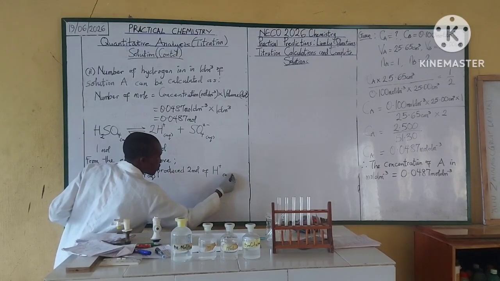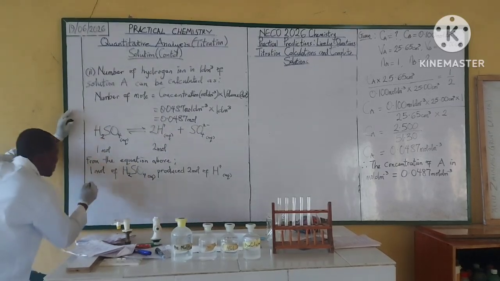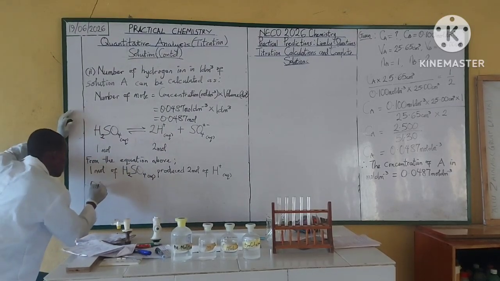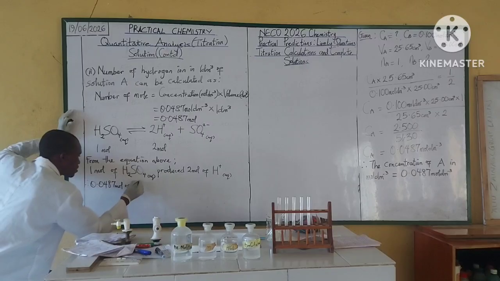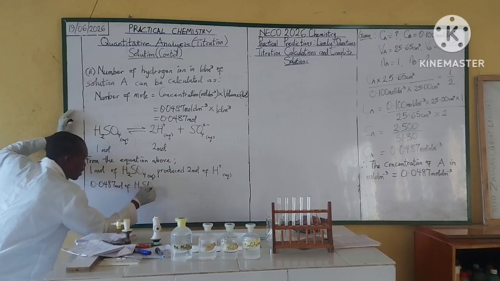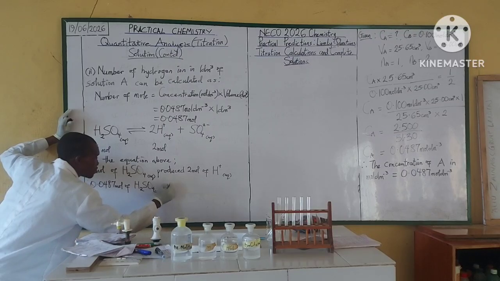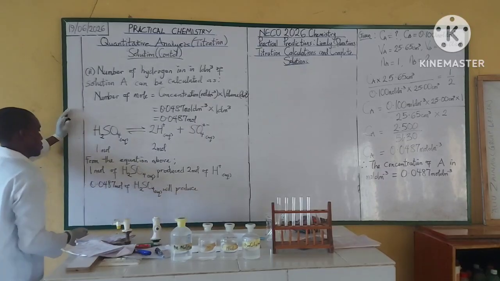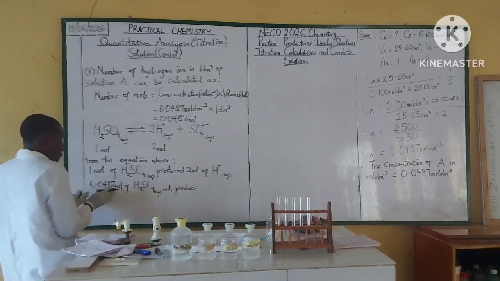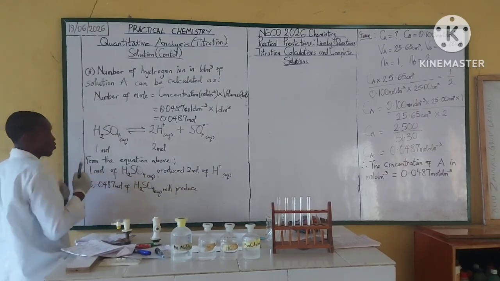Therefore, 0.0487 mole of tetraoxosulfate VI acid will produce, whatever value you have here, you multiply it by 2, then divide it by 1.